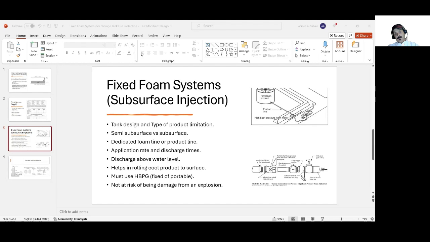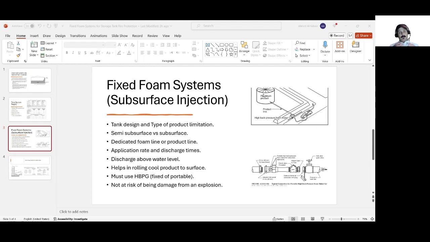that is connected to the system inside the tank that will float if foam enters through it, and it will float until it reaches the top of the burning surface of the liquid, and it will deliver foam at that area. That means it's not going to go through the actual liquid.